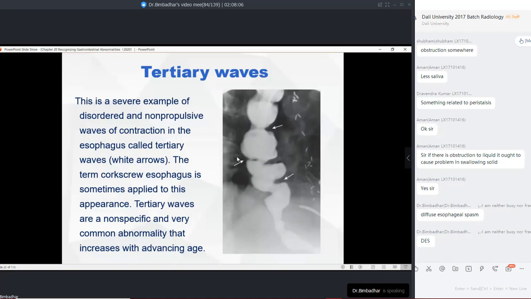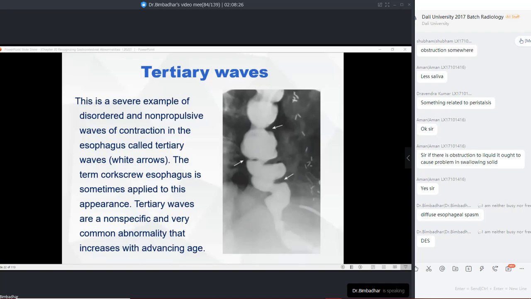That is what happens because of the increased motility of the esophagus in the lower parts, particularly in the abdominal location. We call this condition DES, which is nothing but diffuse esophageal spasm.